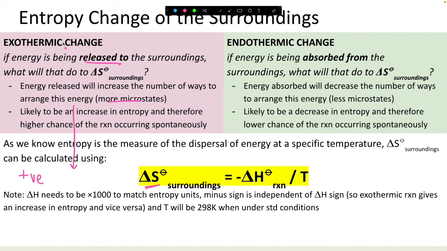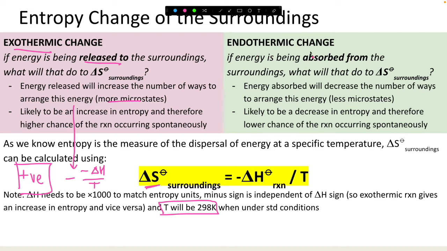But we know that exothermic changes have negative ΔH values. So if you go a negative number divided by a positive number, because our T is 298 at standard conditions, and kelvins can only be a positive number because 0 is absolute zero, that's going to end up with a negative value. So we've got to pop another negative in front of it. Negative times a negative gives us that positive, that increase in entropy for exothermic.